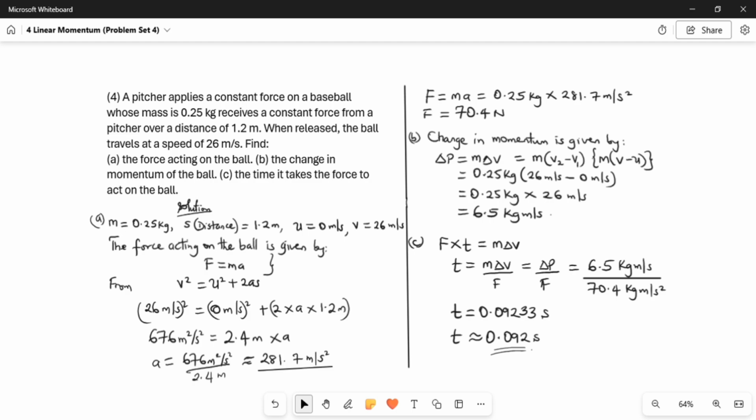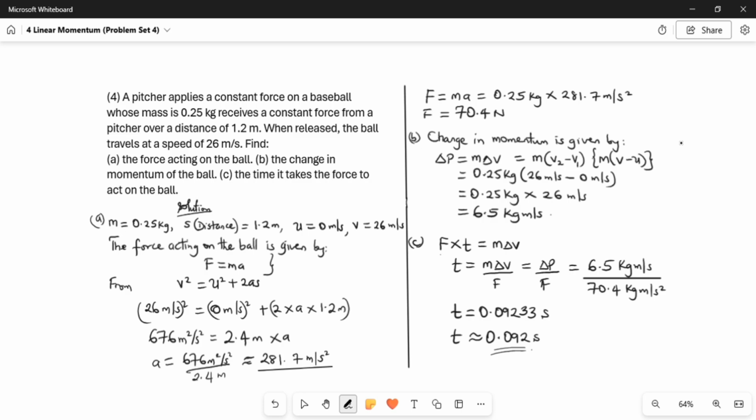And then the time it takes the force to act on the ball. Recall that the impulse of a force is equal to the change in momentum of the body. So F times t, which is impulse, is equal to mass times change in velocity.